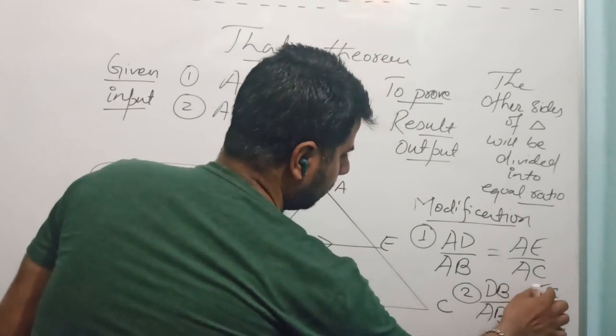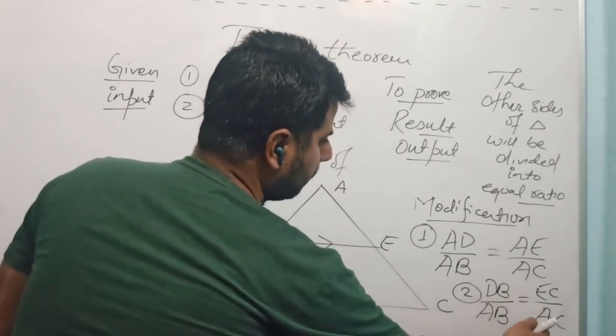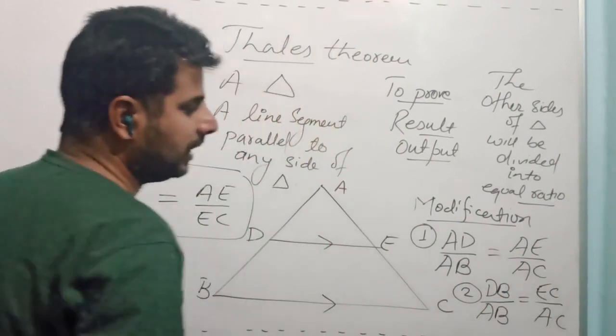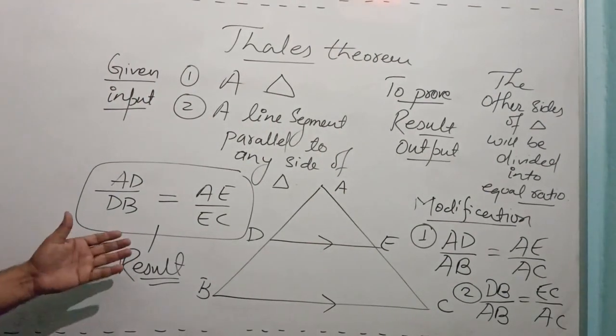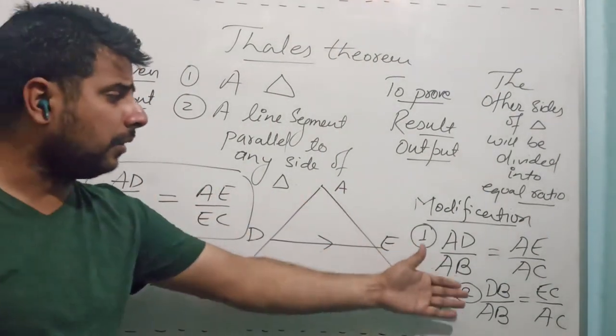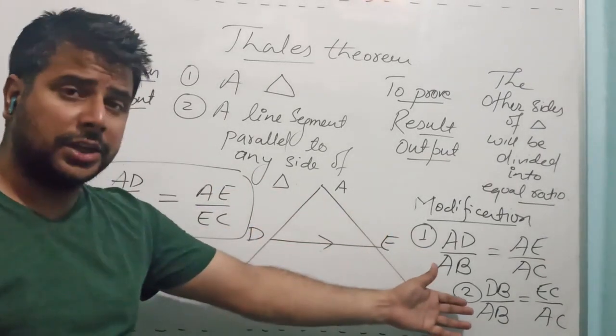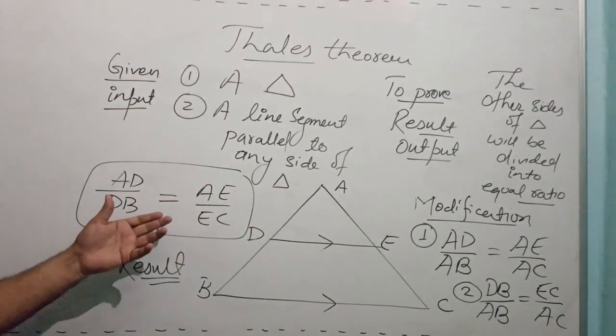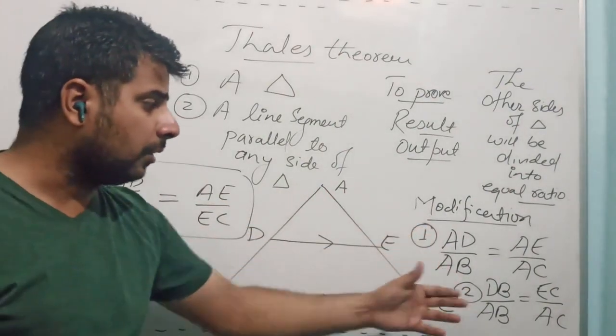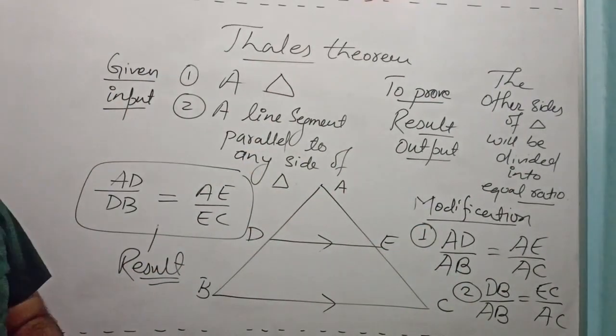This one is EC, okay? So these are the three different forms. This is the main form. These two are the modified forms. So in total, these are the three different forms of Thales theorem.